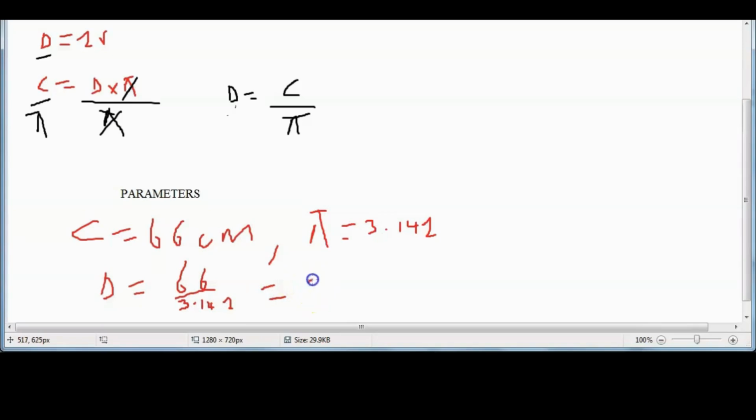Approximately 21.0 centimeters. That clinches the assignment for the day.